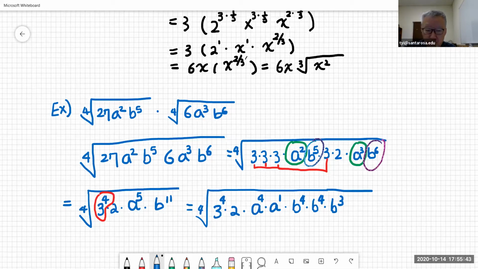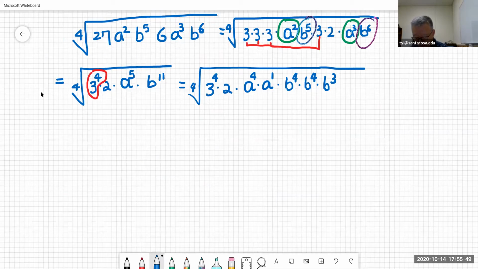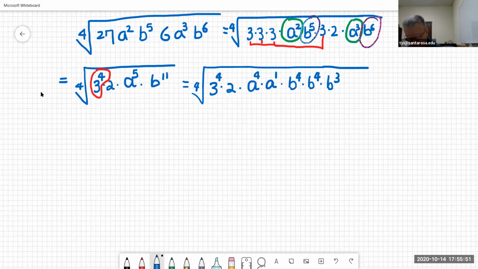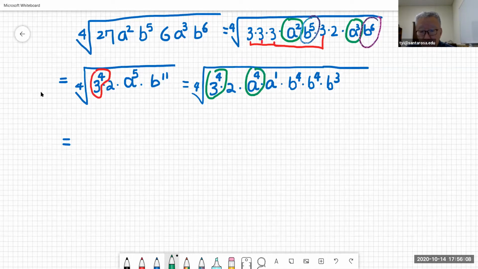All right, so whatever we have with an exponential power of 4 in it, we can take them out because 4 times 1/4 is going to give you 1. So the ones that we are going to take out are 3 to the fourth, a to the fourth, b to the fourth, and b to the fourth.